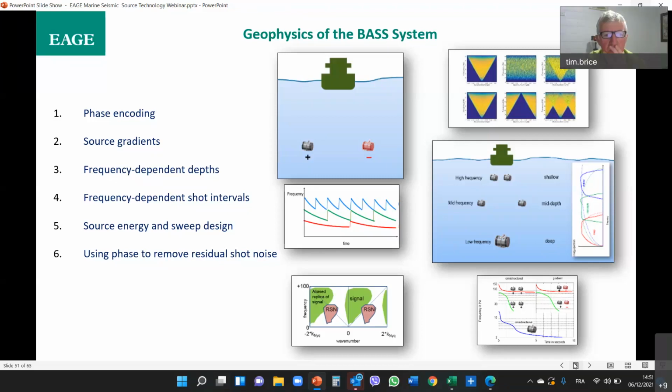Remains to be proven, but because you've got just about perfect coupling in the water column compared to land, I think you're going to be able to do things with marine vibrators that we would struggle to do because of the inconsistency of base plate coupling that we see onshore.